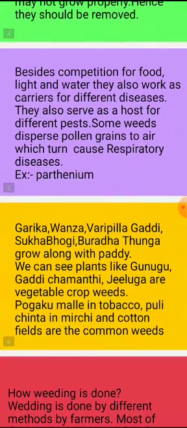Now we discuss some of the weeds that grow along with different crops. In paddy fields, weeds such as Garika, Vanza, Varipilla Gaddi, Sukhabogi, and Burda Tunga grow along with the paddy.